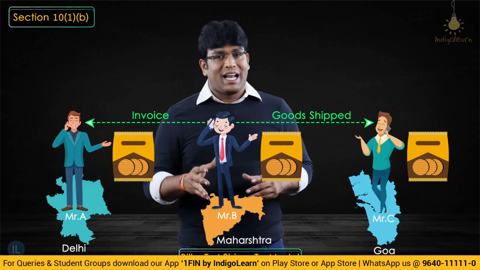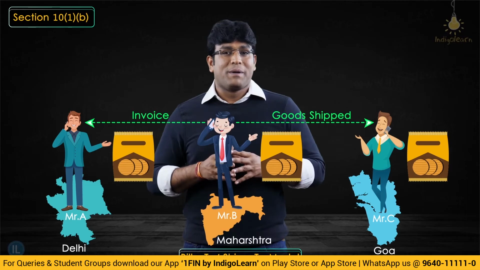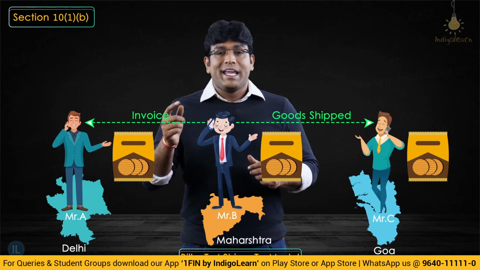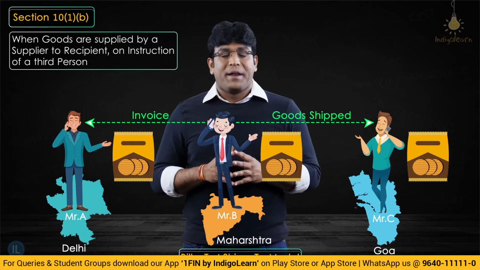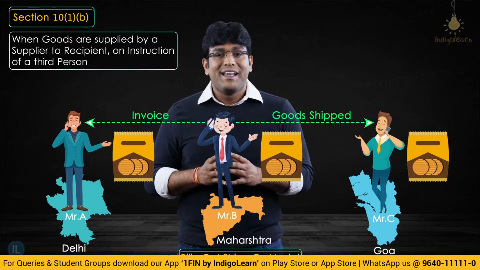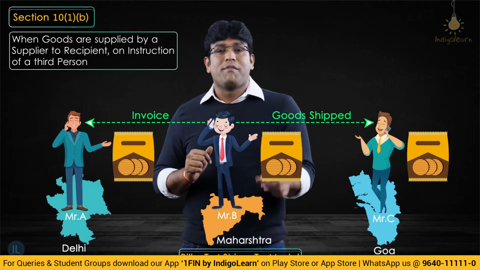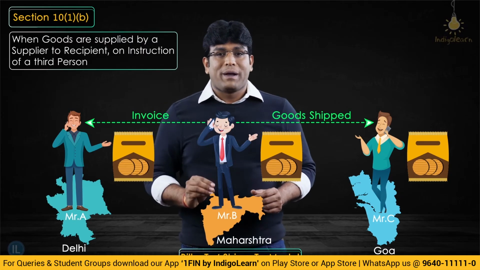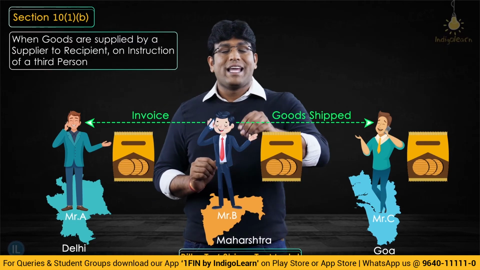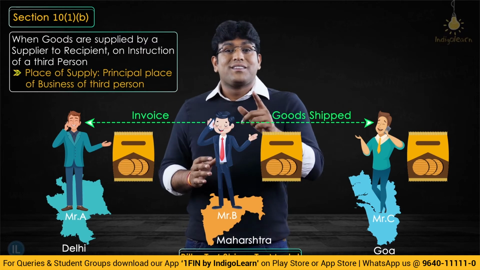And in this particular transaction, how do we determine the place of supply? For this purpose, we will apply section 10(1)(b), which specifies that in case where goods are supplied by a supplier to a recipient on the instructions of a third person, in our example, goods are supplied by B to C on the instructions of Mr. A, then the place of supply will be the principal place of business of such third person.